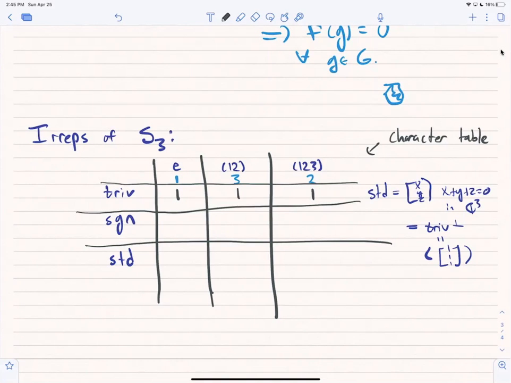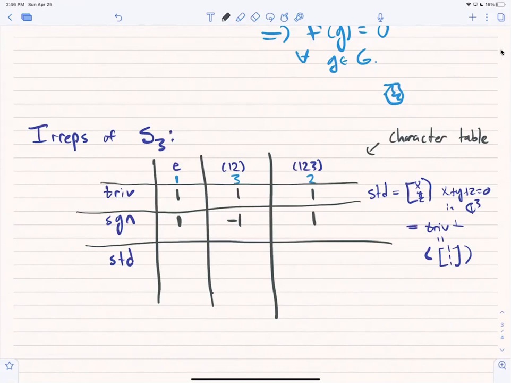So the character of a 1-dimensional representation is the same as the value of that representation, like a 1-dimensional representation is the same as a map to C star. Okay, so for the sign representation, 1 is even, so it goes to the identity matrix to get 1. The transposition is odd, so it goes to -1. And then a 3-cycle is even again, so you get 1.